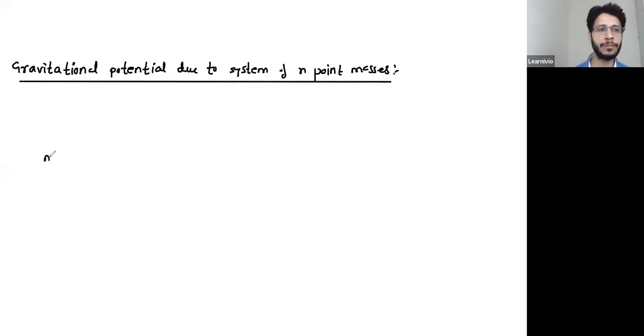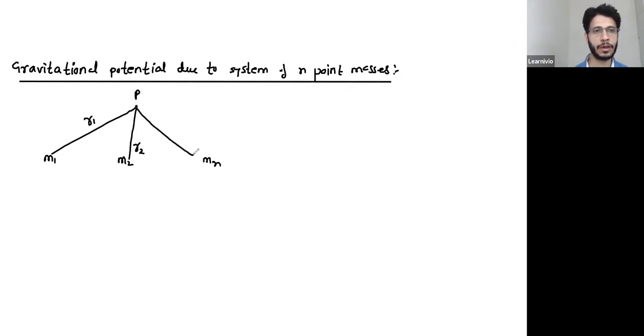You will add them up algebraically. This is mass m1, m2, mn, and this is the point. From m1, this separation is r1, and for mn, this is rn.